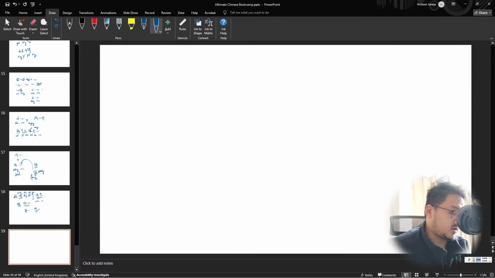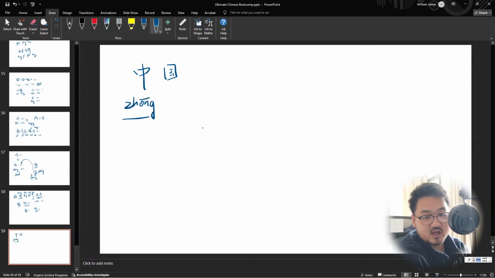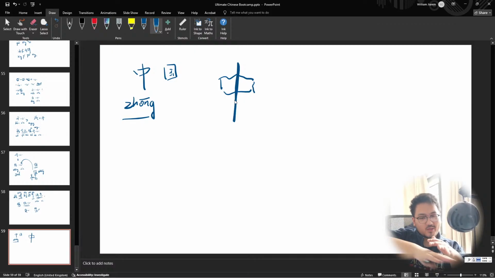Let's look at another 独体字, 中, like 中国的中. 中国中, a very interesting and important character, because that literally means the center. If you think about it, it's like a flag and you've got a rope, like a stake, something like this, just piercing through that.